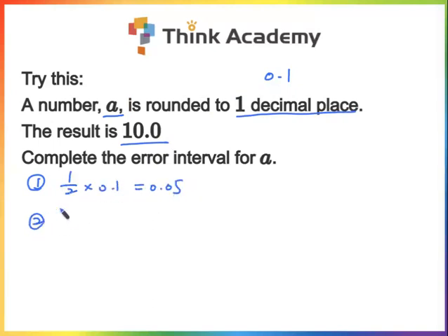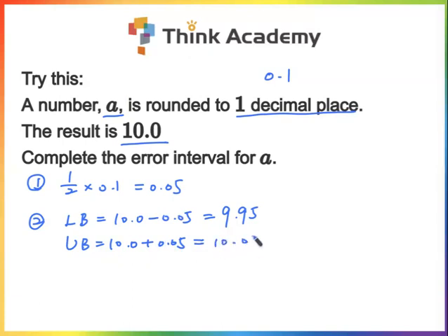Now you do half down to get the lower bound. So you do 10.0 take away 0.05, that gives us 9.95. Double check: if it's 1 decimal place, here you round it up and make it 10. Very good. Then we can try the upper bound. The upper bound would be the rounded number plus half the unit or the degree of accuracy.